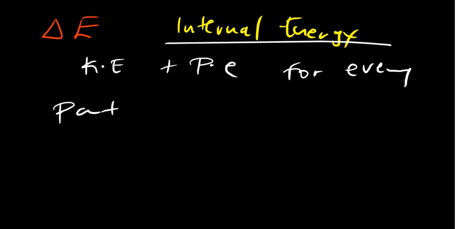I don't like mastering formulas, so I usually just give you concepts. So internal energy is just a summation of all the energies in a system. Nothing more, nothing less. If you add all the kinetic energies and all the potential energies for a system, then that is what we call the internal energy.